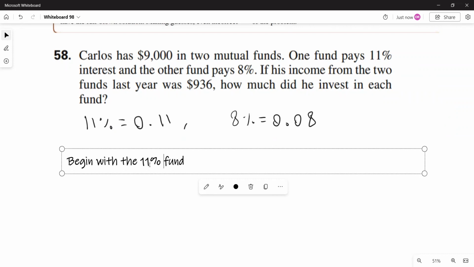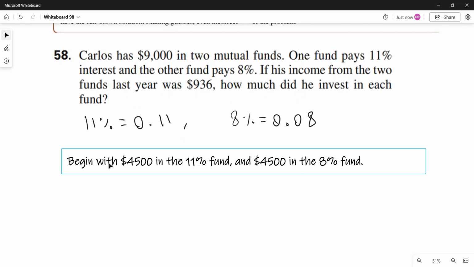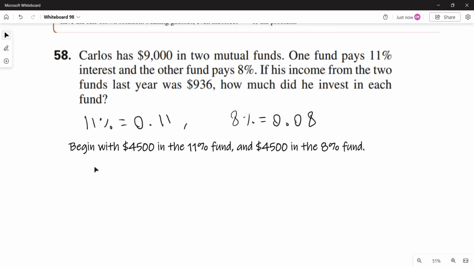Okay, so begin with 4,500 in the 11% fund and 4,500 in the 8% fund. So we are dividing the 9,000 into half and half.